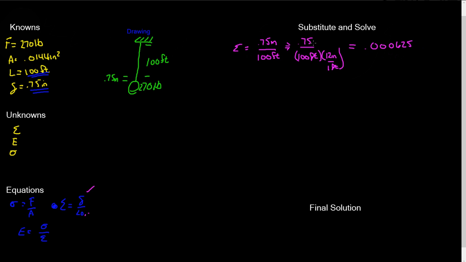We see our feet canceled out, and this is inches right here, so my inches and my inches cancel out. So I think that's a pretty good answer. What they asked me, though, is to round that, so I'm going to round that to 0.00063. Let me put that down in my final answer. Epsilon equals 0.00063. No units on it. So that was pretty easy.